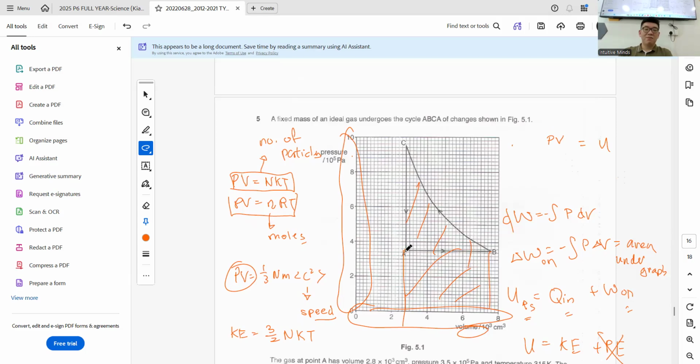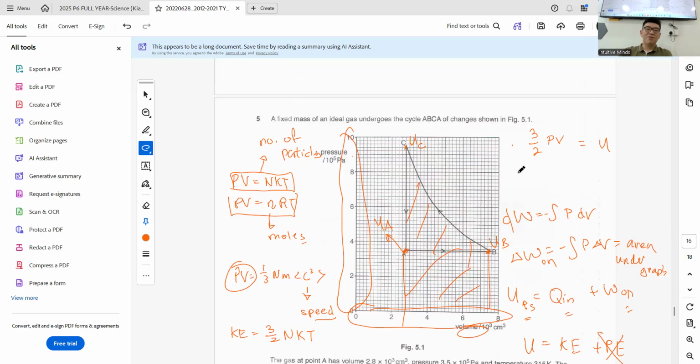The internal energy at every point can be found by what? 3/2 PV. So each of the points here, you can find the U. You can actually find UA, UB, and UC.